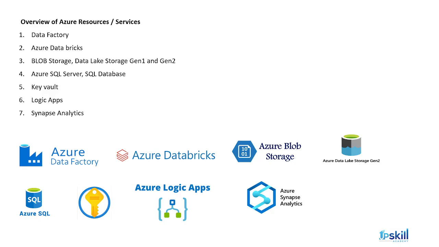Basically, this Gen 2 account is built on Azure Blob Storage and it is the recommended service for enterprise data lake solutions, which uses a hierarchical namespace structure. If you want to load big data or you want to use analytics data, then you can store your data in the Gen 2 account instead of Blob Storage. So these are the different services for storage provided by Azure.